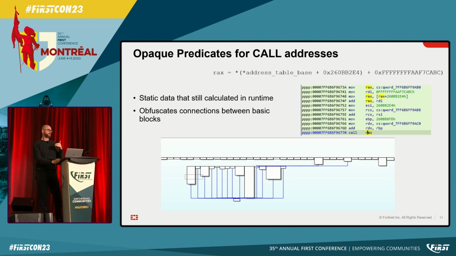So the address is fixed. It's not going to change in runtime. But because it's calculated in runtime, it makes the disassembler's job much more difficult. And a good example is the control flow graph that you can see below, that's from Pandora. The same thing is done with the jump addresses.